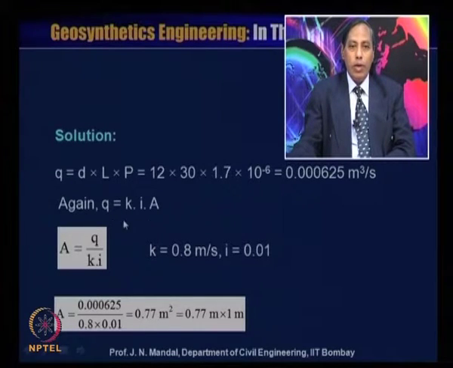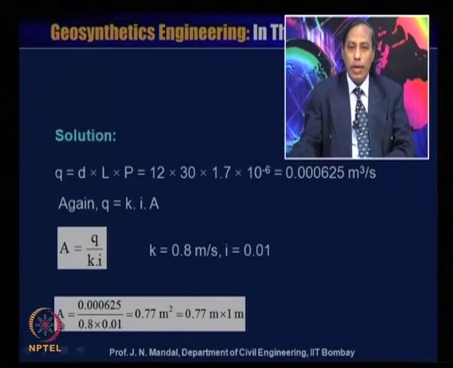Again we know Q is equal to K into I into A. So, from this equation, Darcy's law, you can calculate A is equal to Q by K into I. K is given 0.8 meter per second, I is also given, that is 0.01. So, you substitute these values of K and I into this equation.